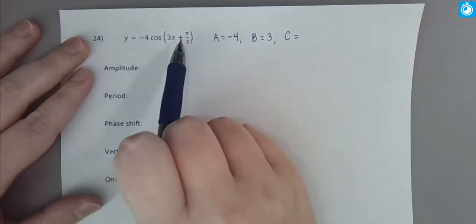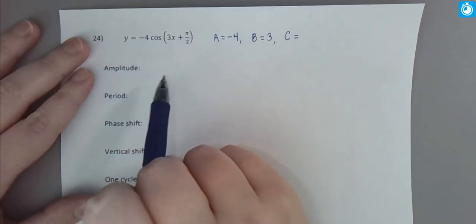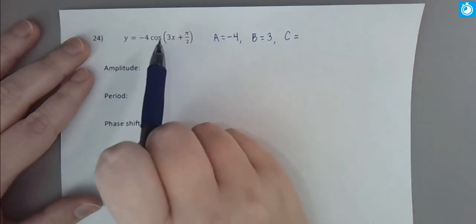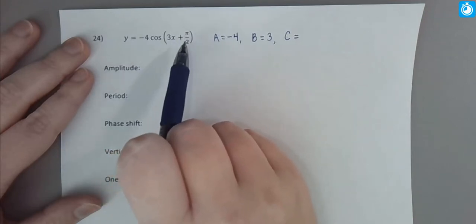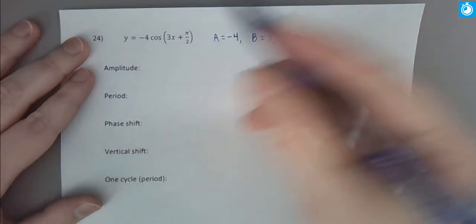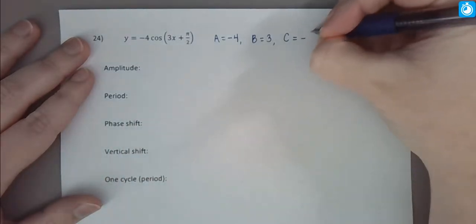So that means when we see a plus sign, we need to think of that as subtraction of a negative. So whenever we have an addition sign inside of our trig function, the actual constant itself will not be a positive constant, it will be a negative constant.